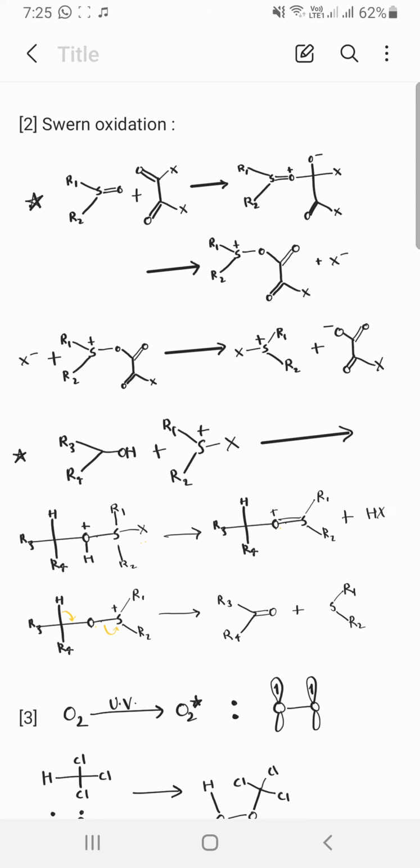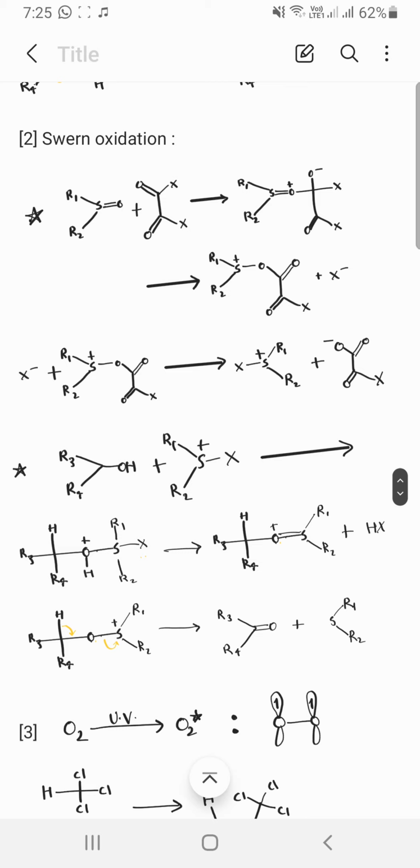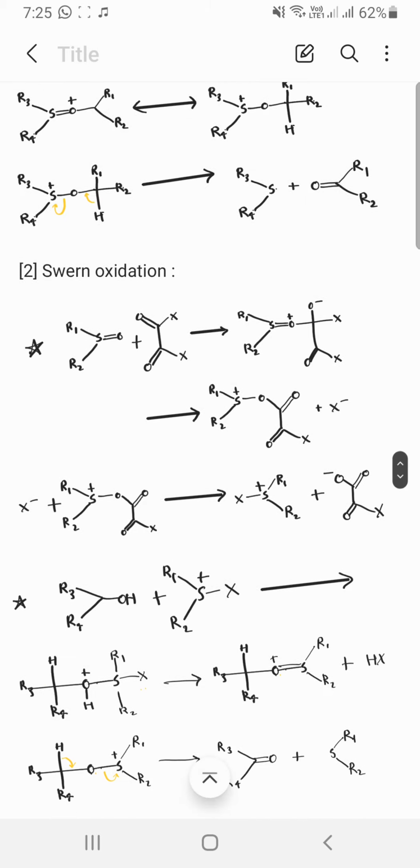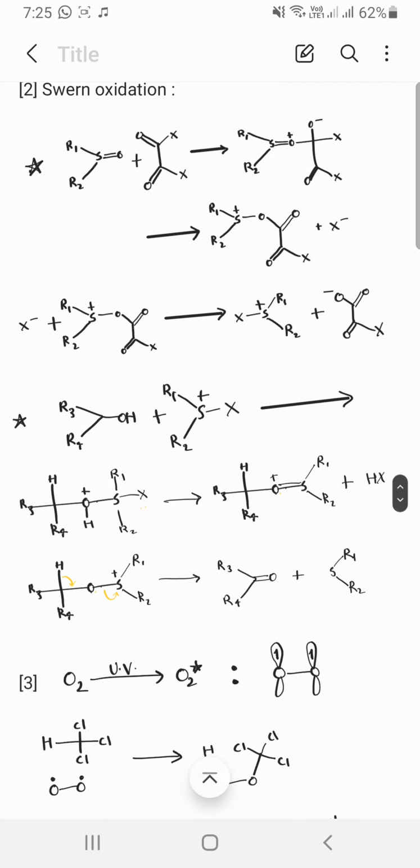Okay, complicated mechanism, but it's the same thing, right? Yeah, so it's just oxidation basically. Fine. So wherever we have DMSO or things like these, they are probably just oxidizing agents. So cool.